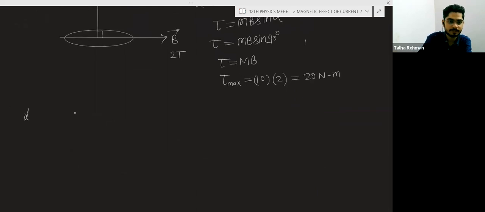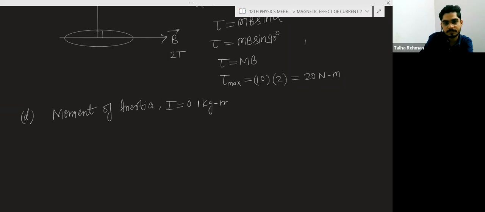So D part, moment of inertia is represented by capital I. It is given 0.1 kg meter square, and the coil is rotated through 90 degree.